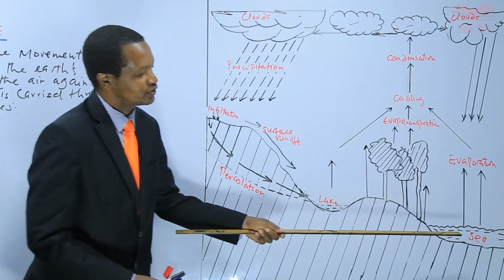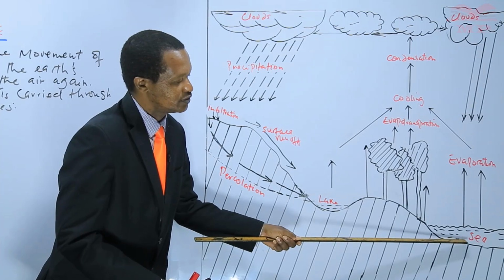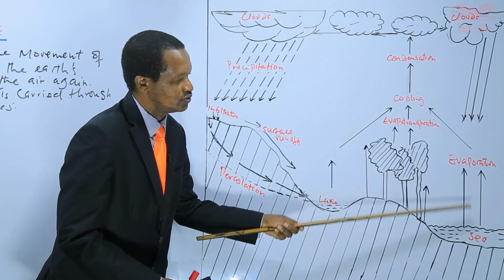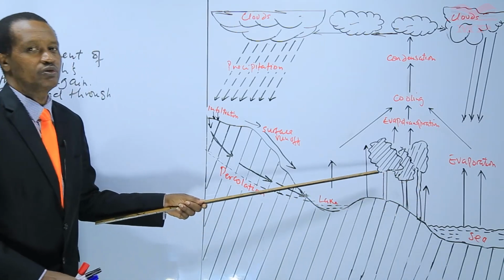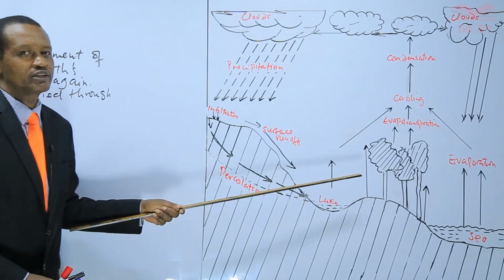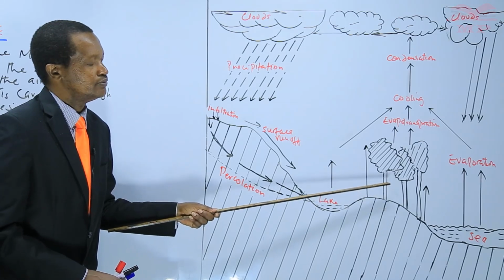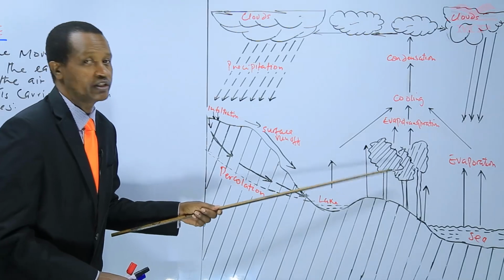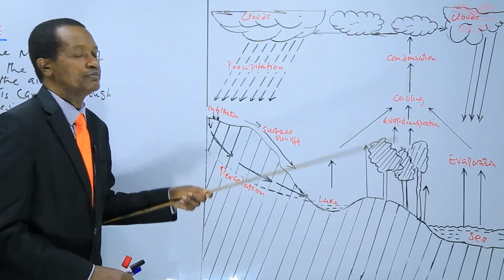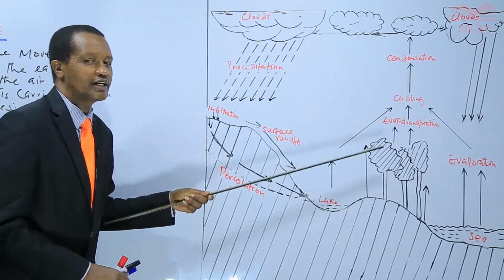Now, learners, apart from the water that is converted from liquid water to water vapor, there is also water that is changed into water vapor through the process we call transpiration.